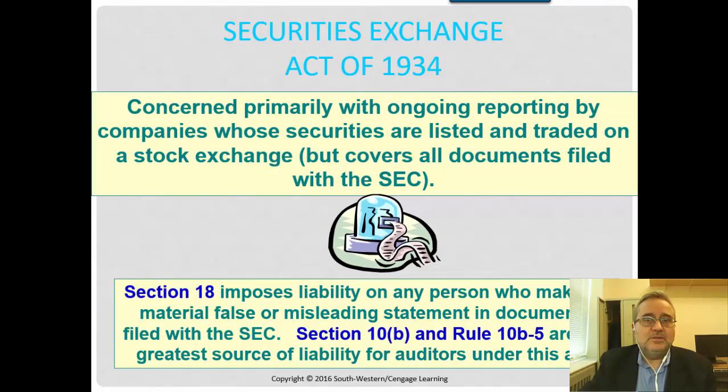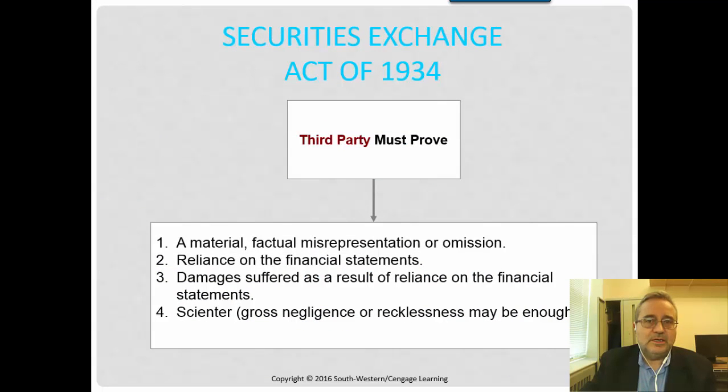As we had discussed, the Securities Act of 1934 concerns primarily the ongoing reporting by companies whose securities are listed and traded on a stock exchange. Section 18 imposes liability on any person making a material, false, or misleading statement. Section 10b and Rule 10b-5 are the greatest source of liability for auditors under this Act.